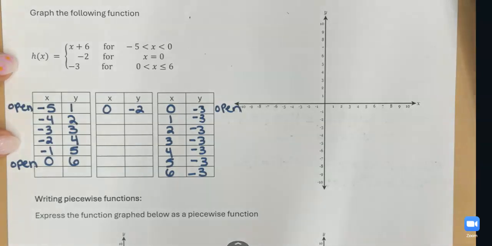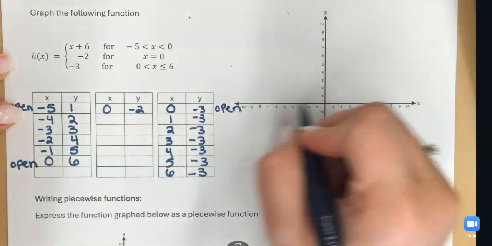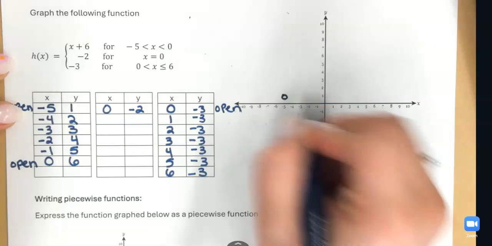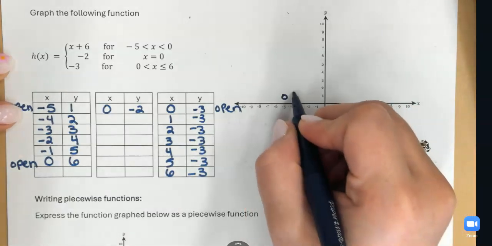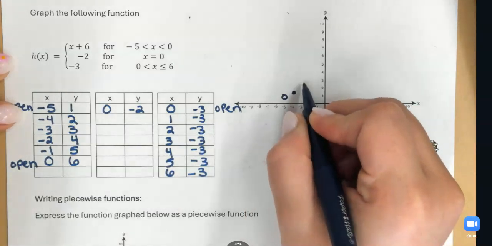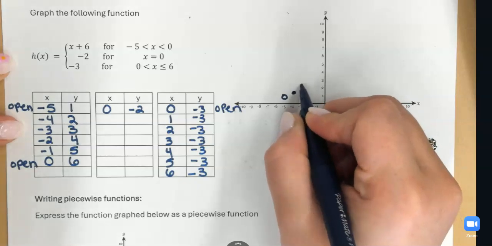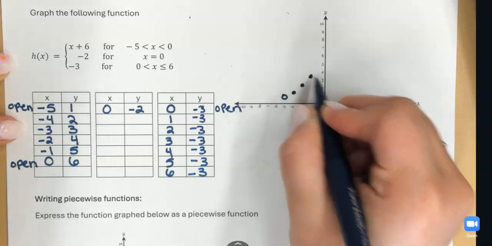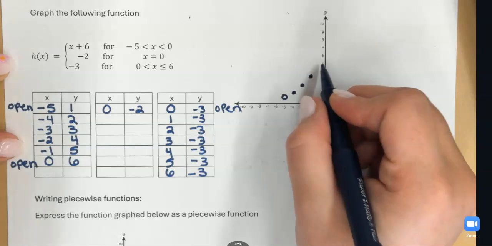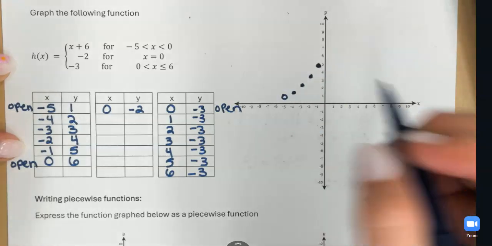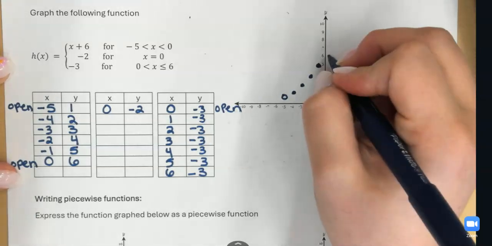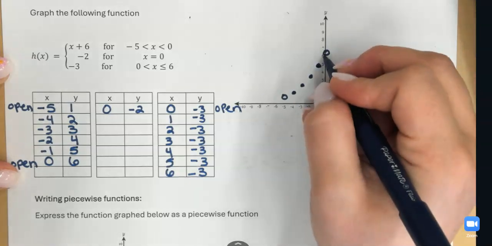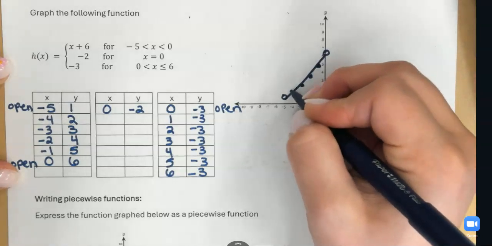So starting on this first one, -5, 1 gets an open circle. Then I have -4, 2, -3, 3, -2, 4, -1, 5, and 0, 6 with an open circle. And those dots aren't perfect.